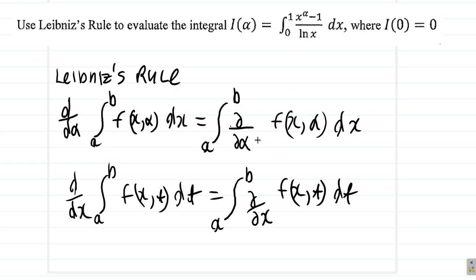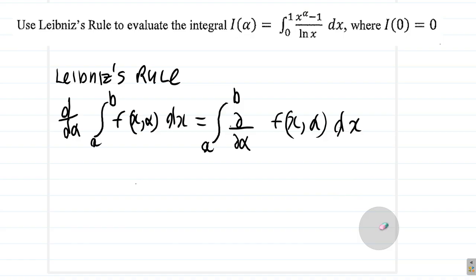The important thing to note is that in that version the derivative is with respect to x while the integral is with respect to t. In this case, the derivative is with respect to alpha while the integral is with respect to x. And you go from the total derivative with respect to alpha to, when you go under the integral sign, the partial derivative with respect to alpha. Okay.